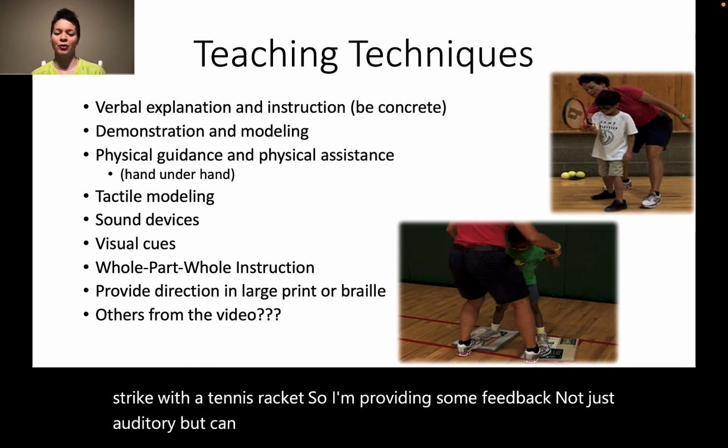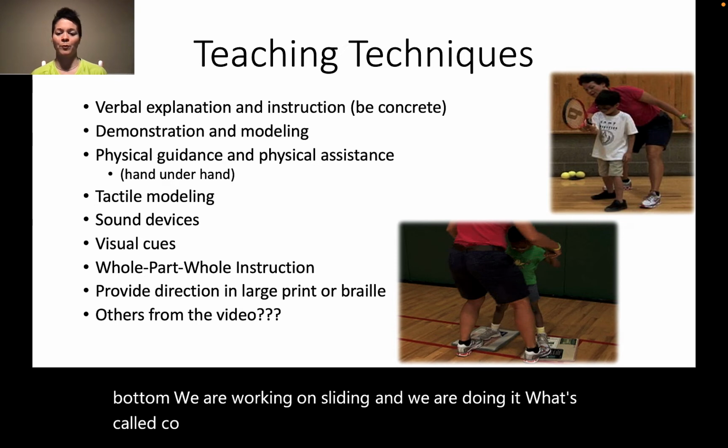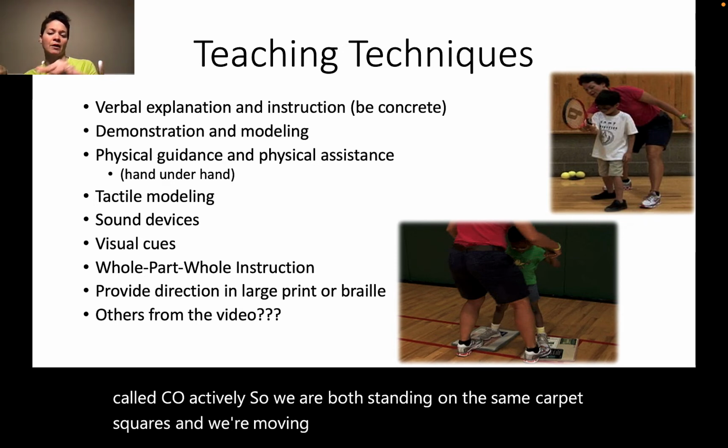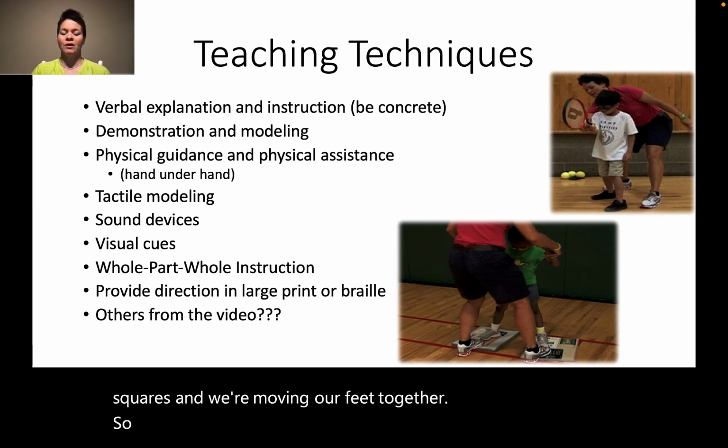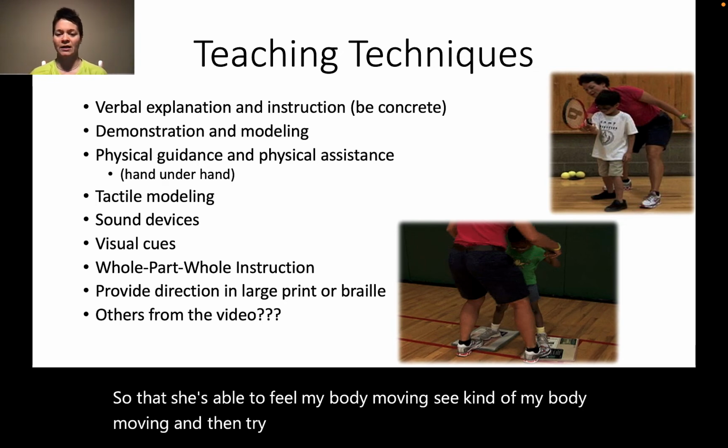And the young girl on the bottom, we are working on sliding, and we are doing it coactively. So we are both standing on the same carpet squares, and we're moving our feet together so that she's able to feel my body moving, see my body moving, and then try to replicate it with her body as well.